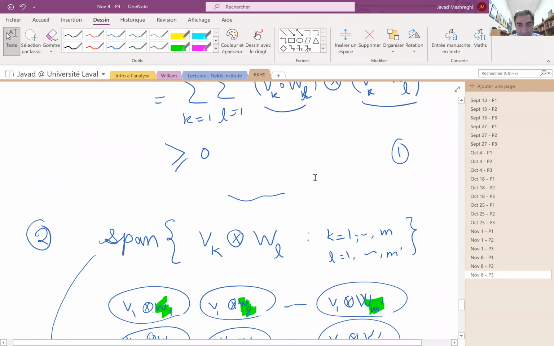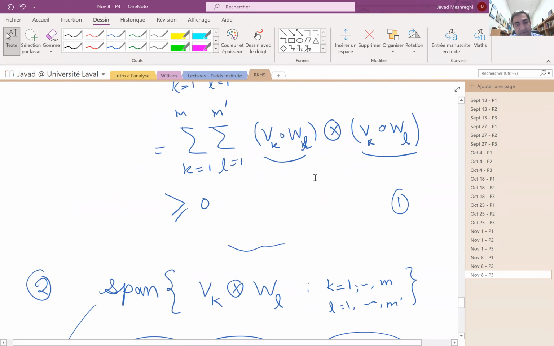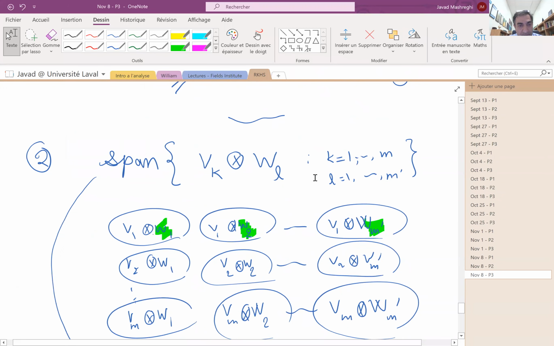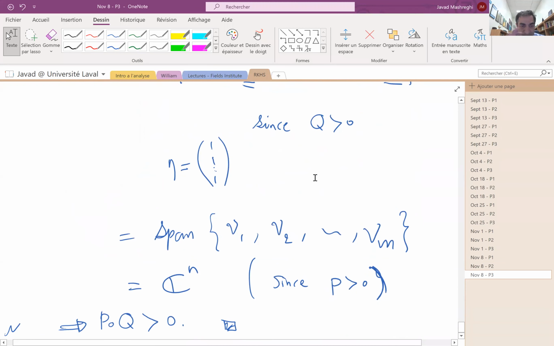Just check if I wrote everything correctly. Yes, everything is fine. Okay. So this shows that if both of them are strictly positive, then the Schur product is also strictly positive. And that finishes this section.